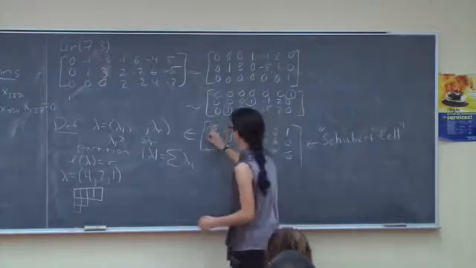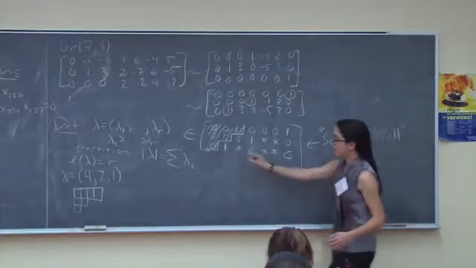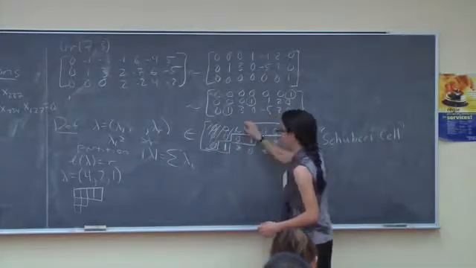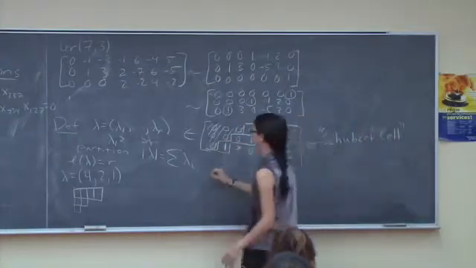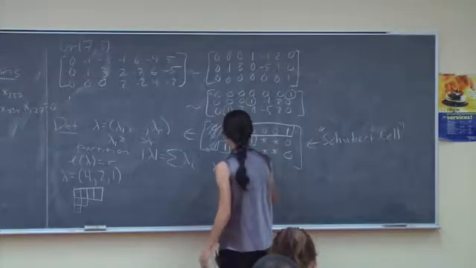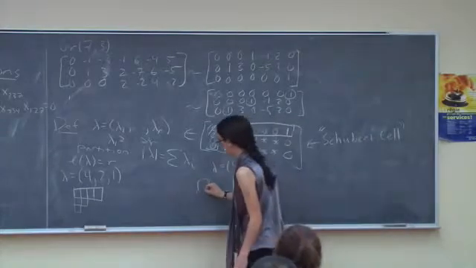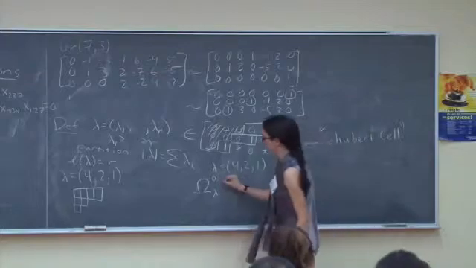I'm just going to ignore these zeros over here. Now the distance from the staircase boundary to these ones is going to be the partition that I assign to this Schubert cell. So you can almost see the partition. I'm just going to shift it over. So lambda is my 421 here that I assigned to this Schubert cell, and I'm going to write this as omega lambda circle, the Schubert cell corresponding to lambda.